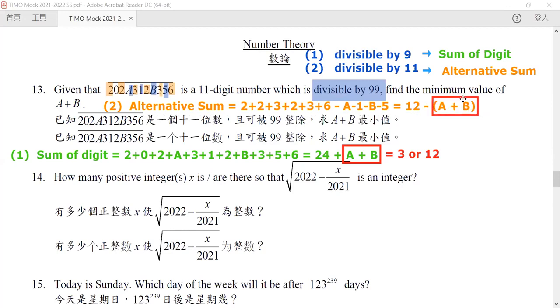In order for this to be divisible by 11, either a plus b will be equal to 1, or a plus b is equal to 12. There's only two ways of doing this. Because we need to satisfy both conditions, there's only one way for this to be true: our a plus b is equal to 12. There's no other way. So hence this minimum value is of course equal to 12.